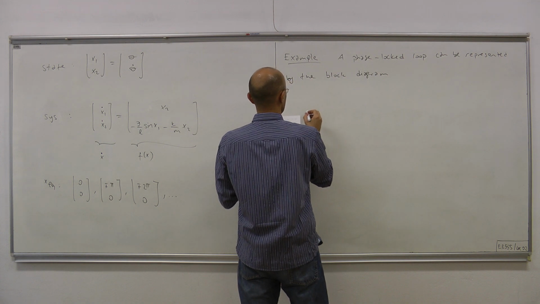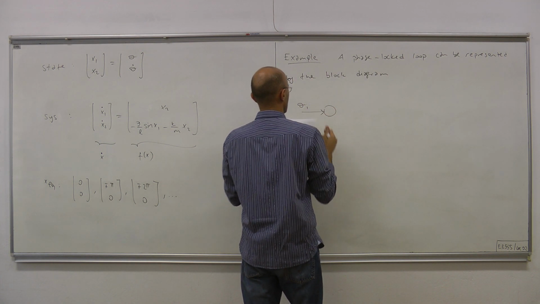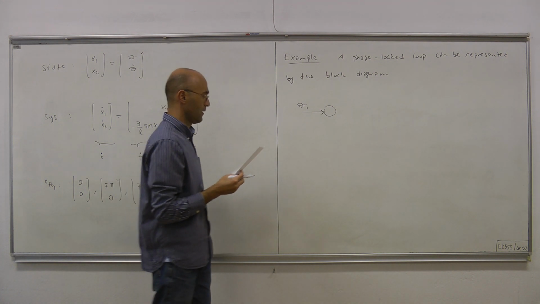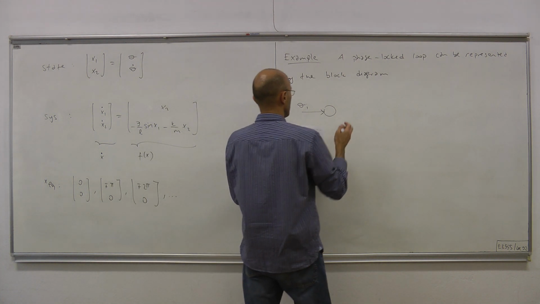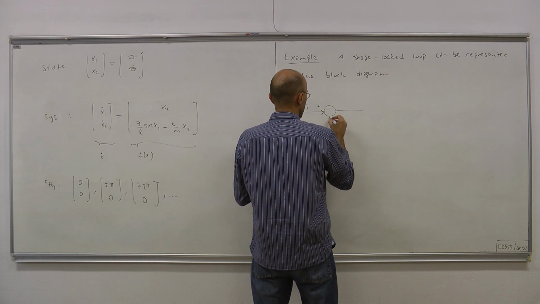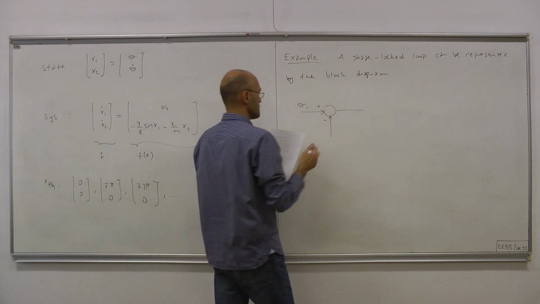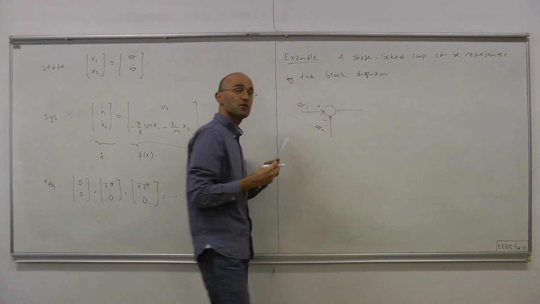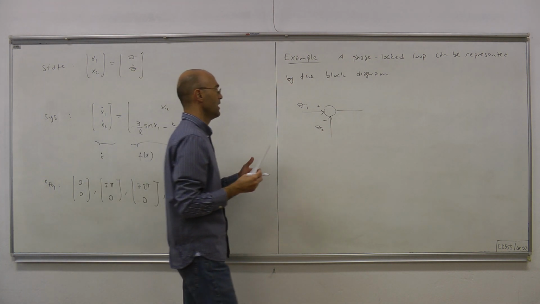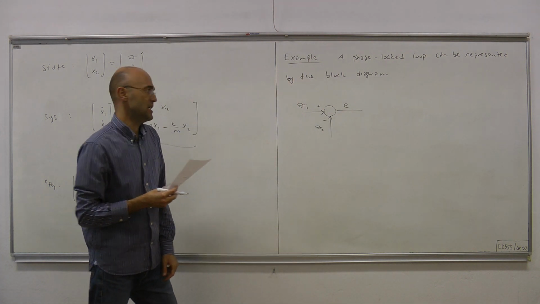Here we have the reference phase, or reference angle, and then it's compared to the actual phase, let's call it the output phase, output angle, theta o, and their difference is defined to be the error, e.